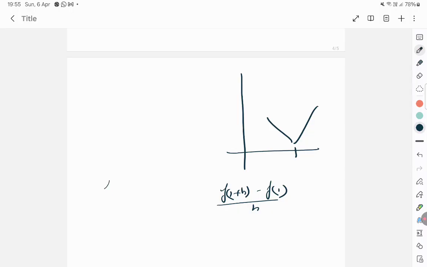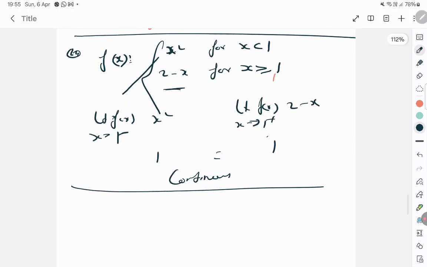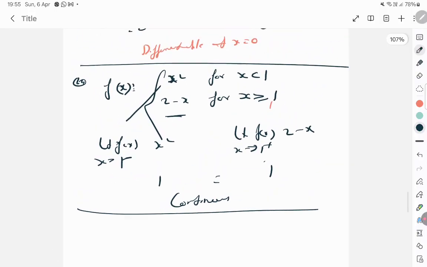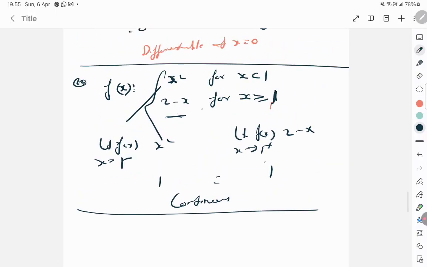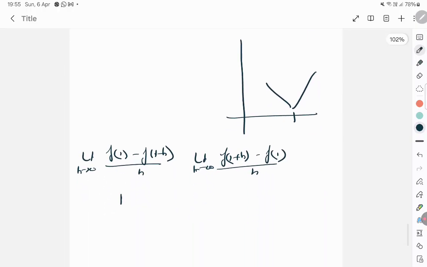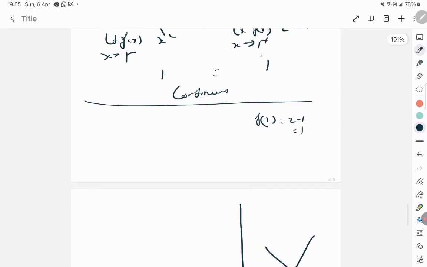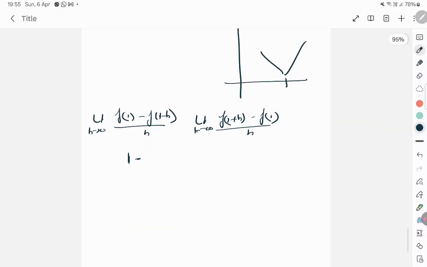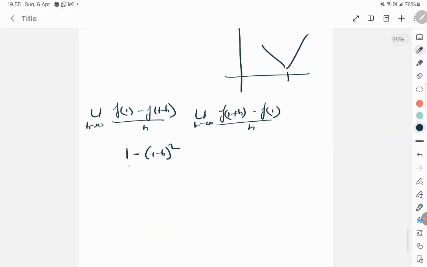Now the left hand limit is f of 1 minus f of 1 minus h by h, and in both cases limit h is tending to 0. Let's substitute: for less than 1 the formula is x square, and at that point the formula is 2 minus x. When you substitute 1 here, 2 minus 1 is 1. So f of 1 is 1, minus f of 1 minus h, which is x square, so 1 minus h the whole square, by h.